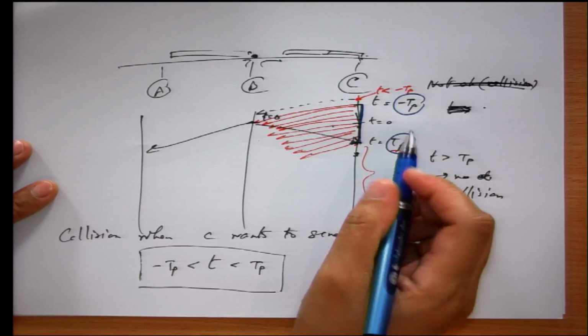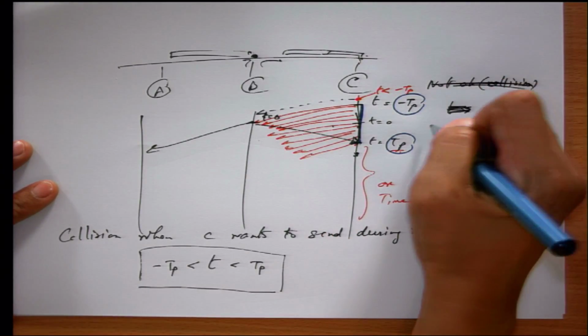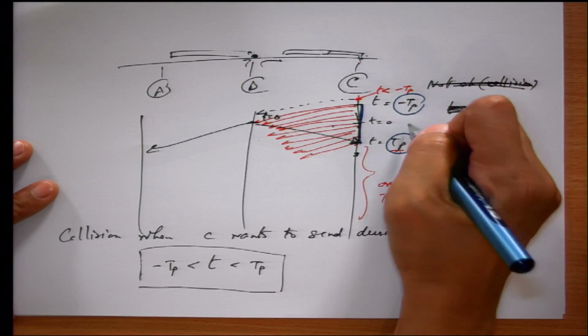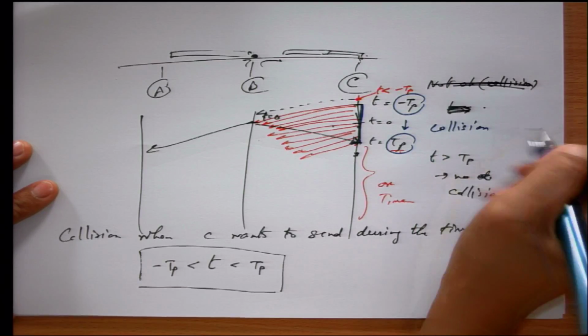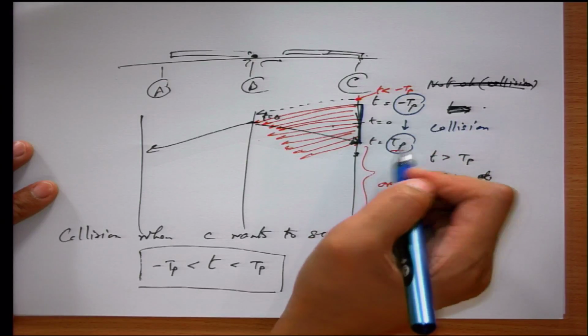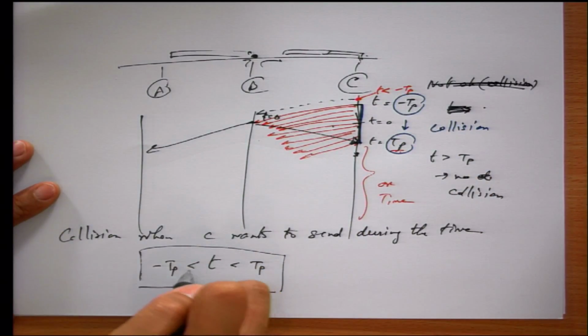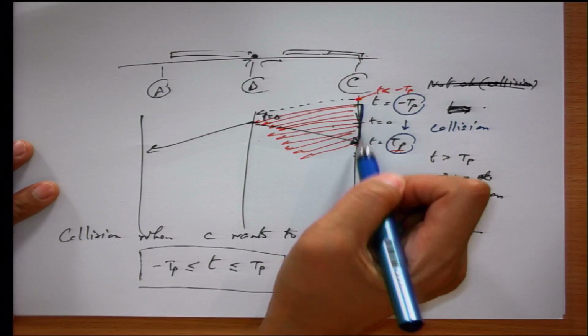Minus t sub p to t sub p is the time that, if C sends in this time, it will collide. If C transmits from minus t sub p to t sub p, there will be a collision. To be safe, you can also say it like this: from minus t sub p to t sub p there will be a collision.